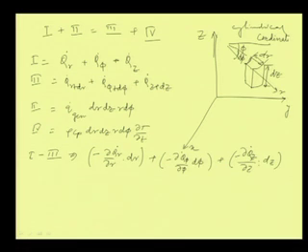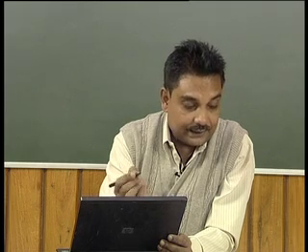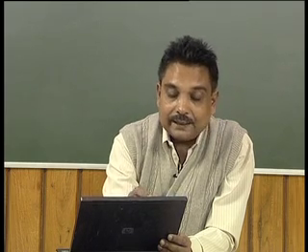Okay. Now, we have to find out what q dot r, q dot phi and q dot z are. So, q dot r, again using Fourier's law from the phenomenological law, is equal to minus k into area.